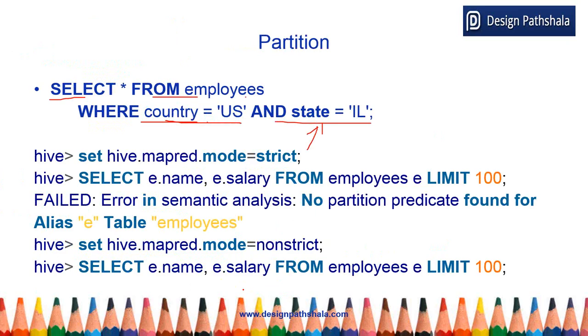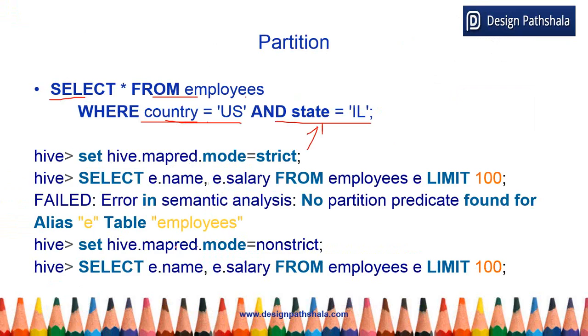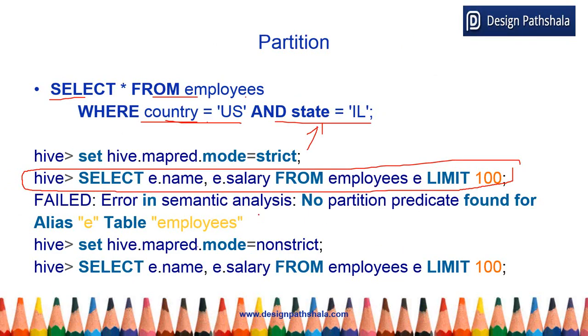So by default, your partitioning mode is strict. I'll just show you what is strict and not strict. So if I run a query something like this and my table is partitioned, it will give me an error saying the partitions are not selected in your where clause.